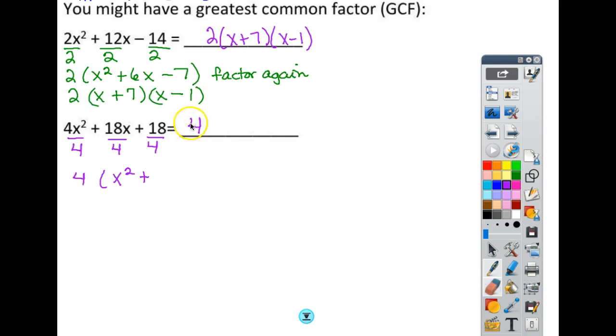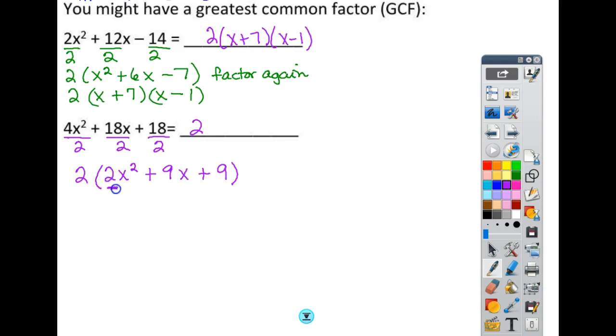They'll all divide by 2. So we get a 2, and then what do we get? 2x squared plus 9x plus 9.